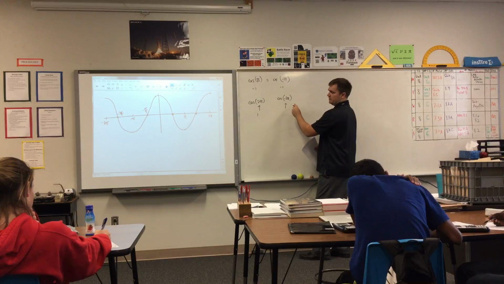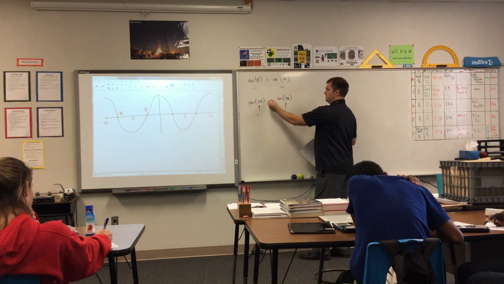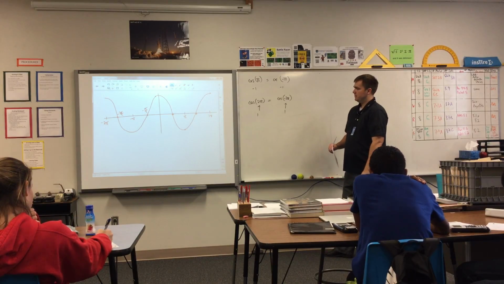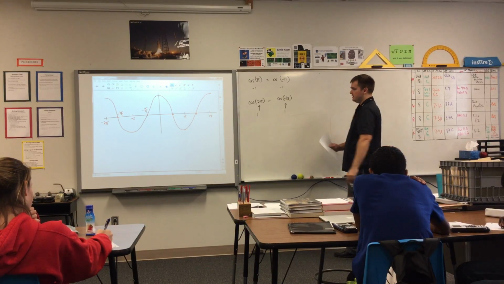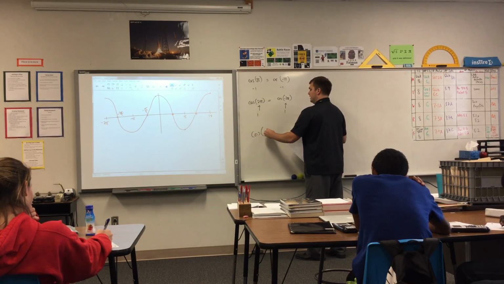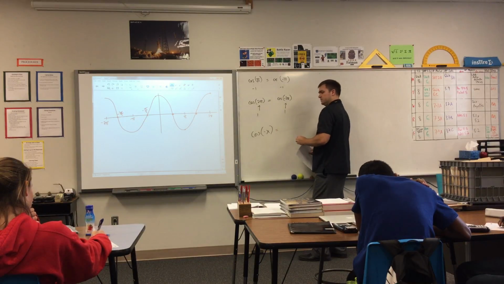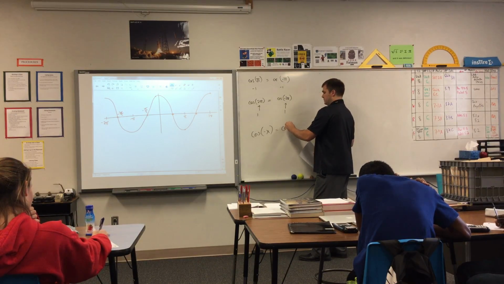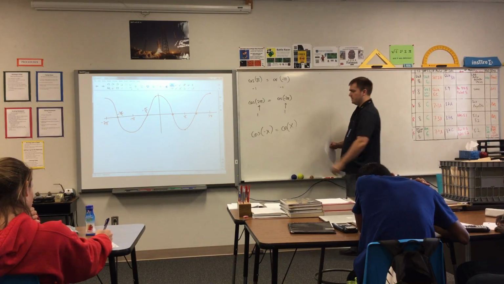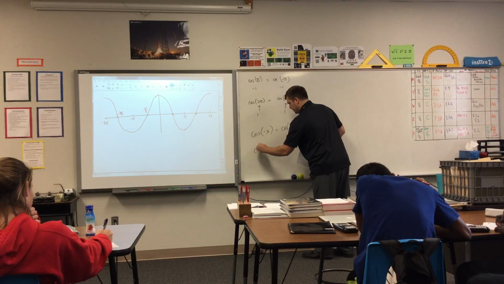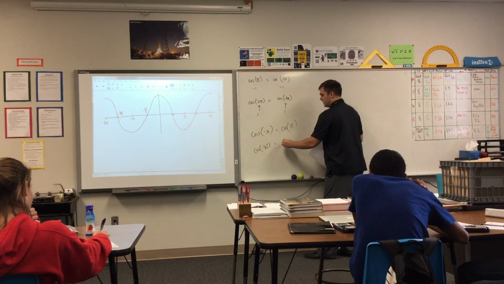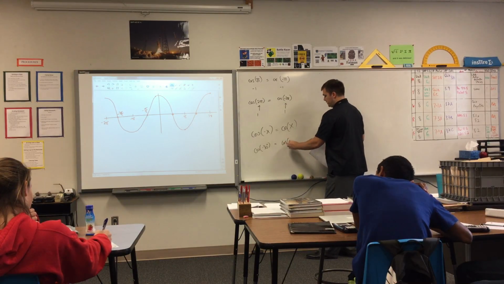Cosine of -2 pi? 1. They're equal. Do we need to keep going? You're all pretty convinced. The rule here is that the cosine of -x equals the cosine of x. So to use our 30-degree example, the cosine of -30 degrees is simply equal to the cosine of 30 degrees.